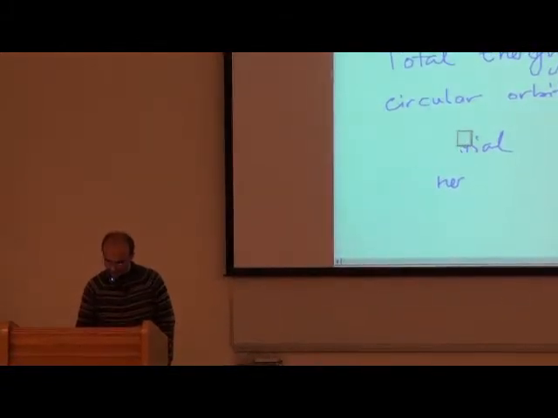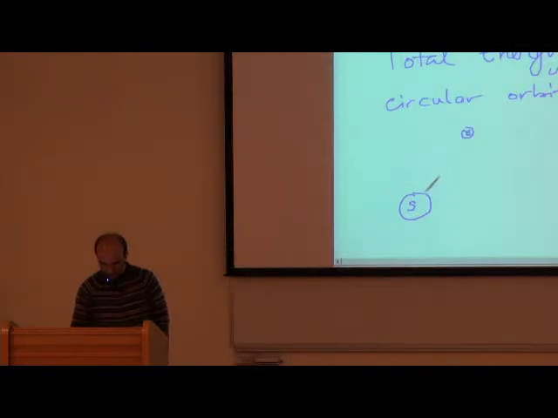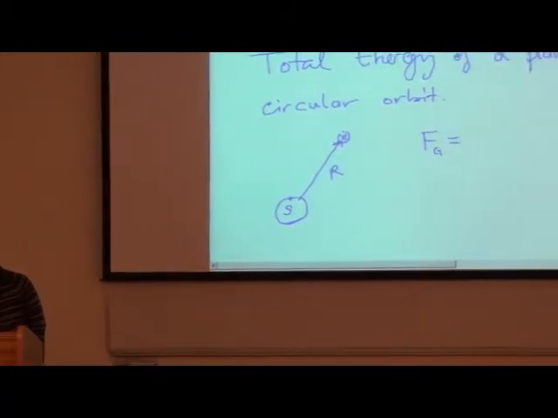but let's remember, although we know very well how the Earth-Sun system looks, here is the Sun, here is the Earth. And Earth and Sun are apart by, say, R. And there is the gravitational force that keeps us there.